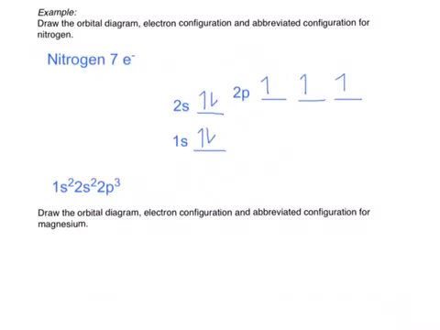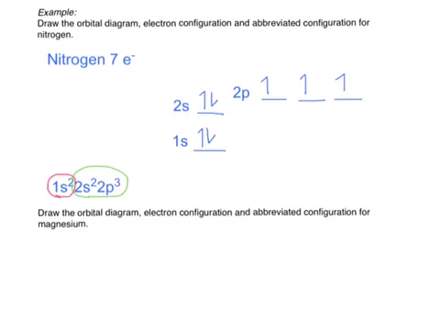Okay, now for the abbreviated configuration, or sometimes I'll call it the noble gas configuration, that's a configuration that only shows the electrons in the outermost energy level, or the highest energy level. So in this example, the 1s is already completely full. So we're only going to show the electrons that are in the 2 sublevel.